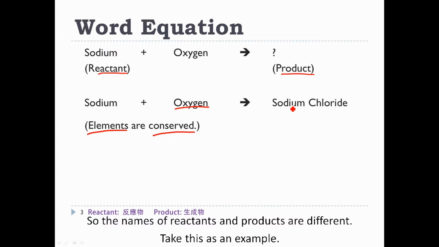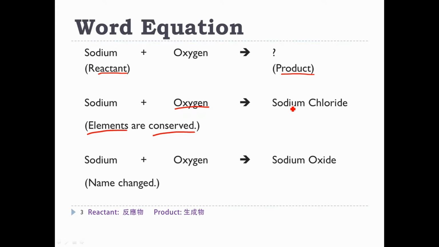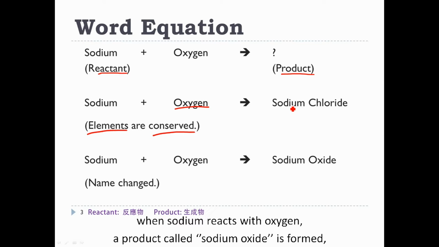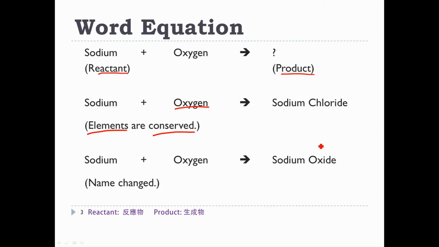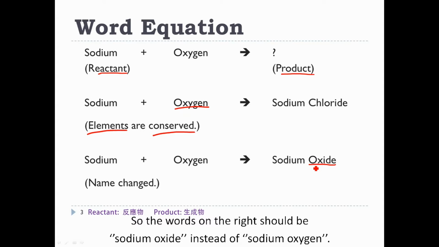So the names of reactants and products are different. Take this as an example. When sodium reacts with oxygen, a product called sodium oxide is formed. The word oxide indicates that it is different from the reactant oxygen. So the words on the right should be sodium oxide instead of sodium oxygen.